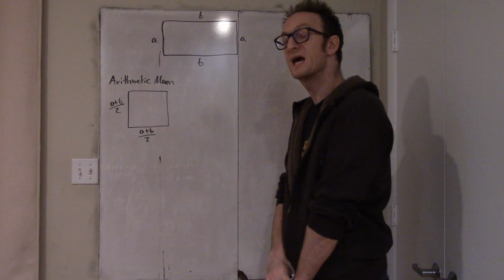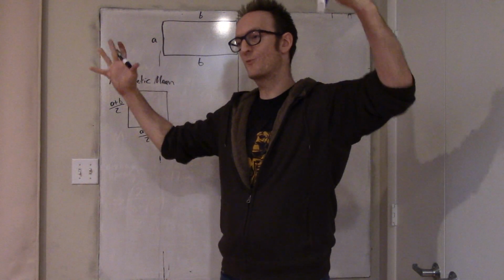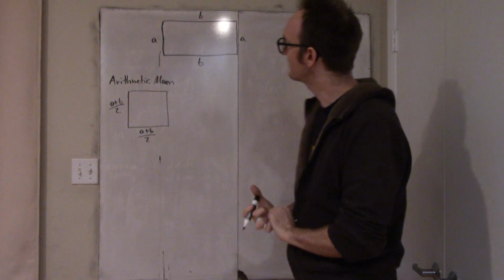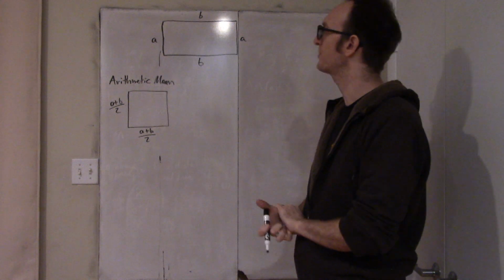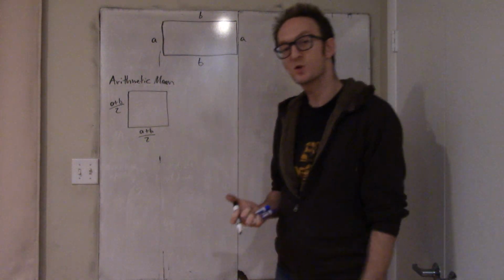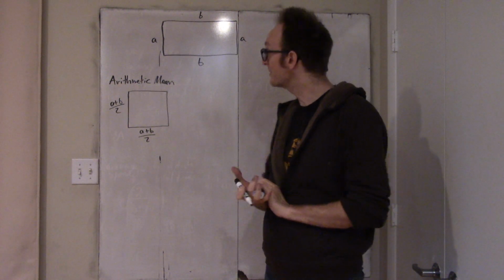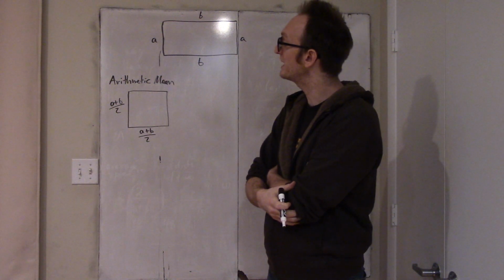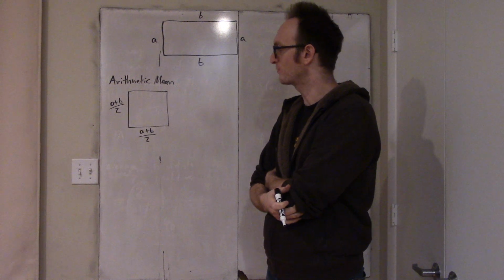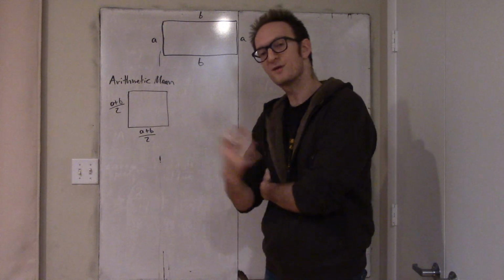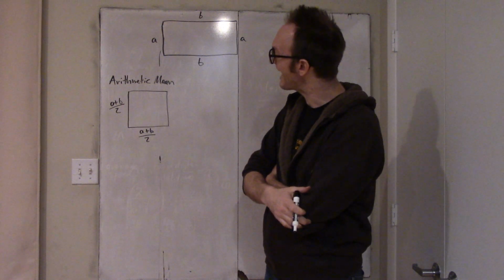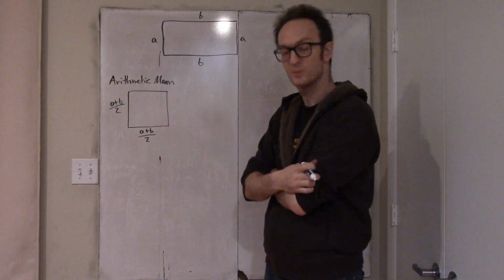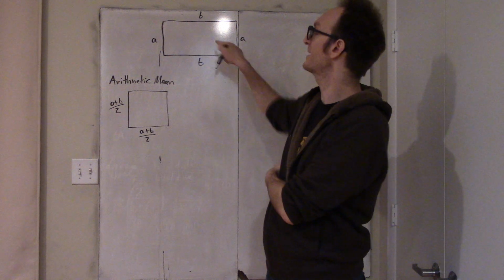To the extent that turning a rectangle into a square is a kind of averaging procedure, you can think of the arithmetic mean as caring about the perimeter. So construct a square with the same perimeter as this rectangle. The total perimeter would be 2a plus 2b, and if you divide that by 4, you get (a plus b) over 2. Therefore, we can interpret the arithmetic mean geometrically as giving you the side length of a square with the same perimeter as a given rectangle.